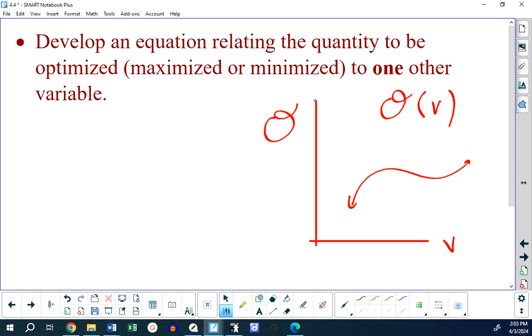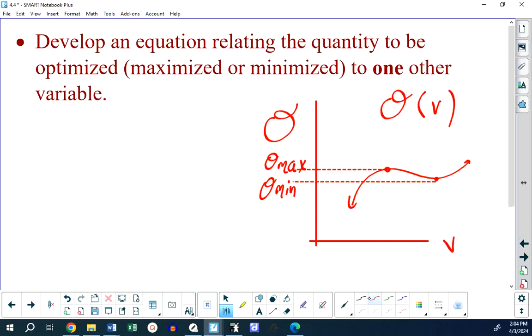Again, you don't have to graph it. I'm saying that if you did graph it, it looked like that. Well, that happens to have a point that corresponds to a maximum value of O, and it also happens to have a point that corresponds to a minimum value of O. And we're going to see a question eventually, probably tomorrow, where the problem is going to have two answers.